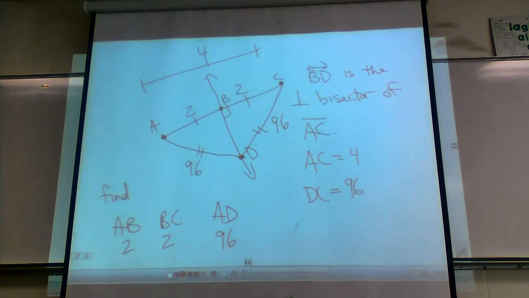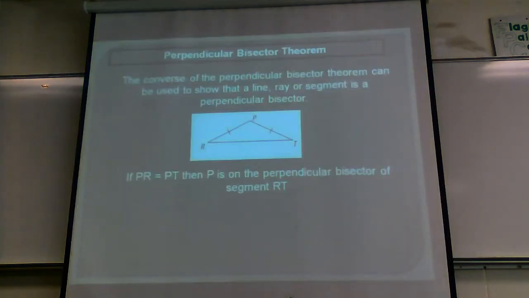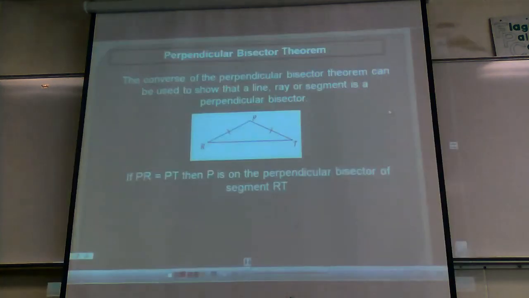All right, now the converse of this would be like everything that's up there right now. The converse would basically say that if you've got a point equidistant to the endpoints of a segment, such as drawn right there, if I drew the perpendicular bisector of this segment, it would have to pass through point P. That's what the converse says.